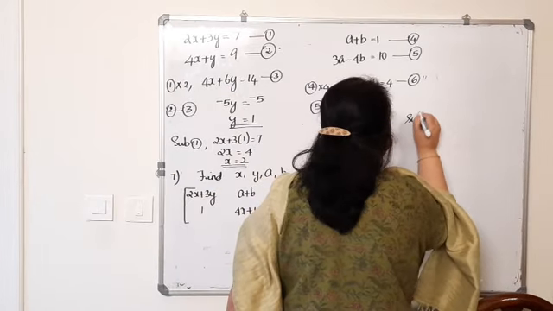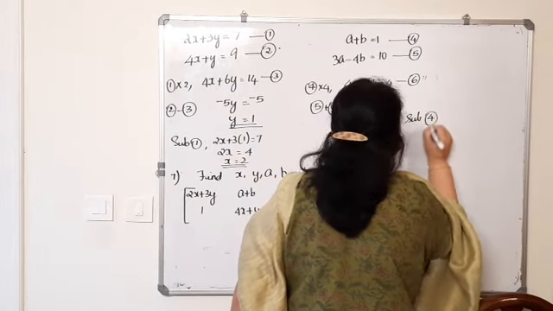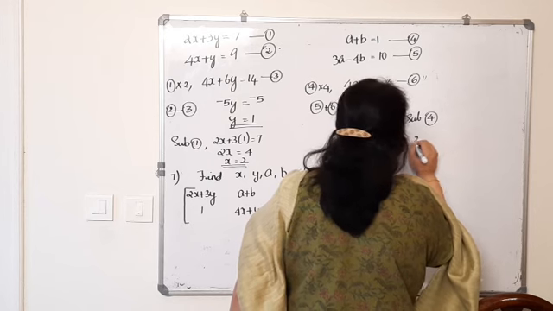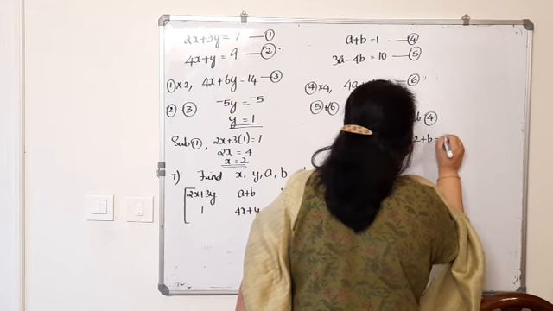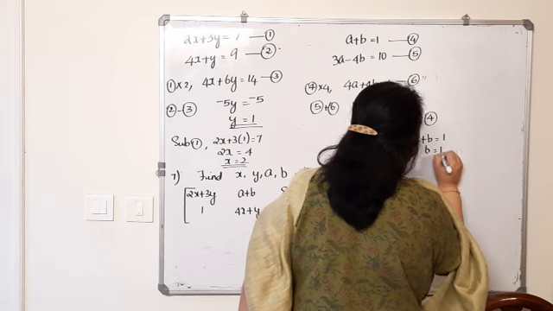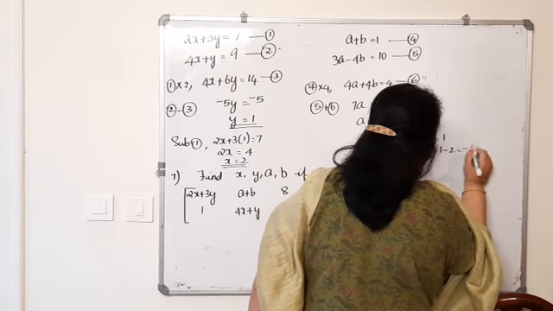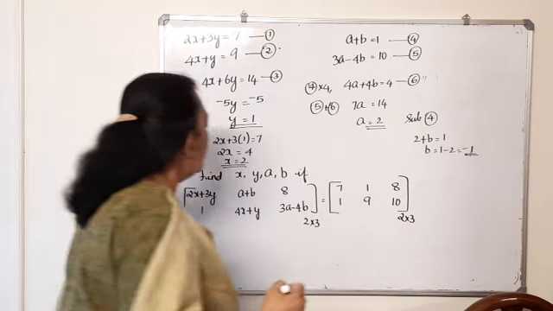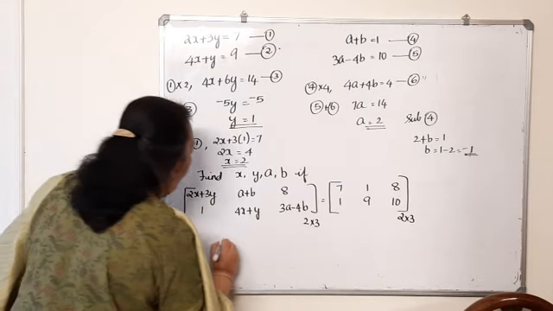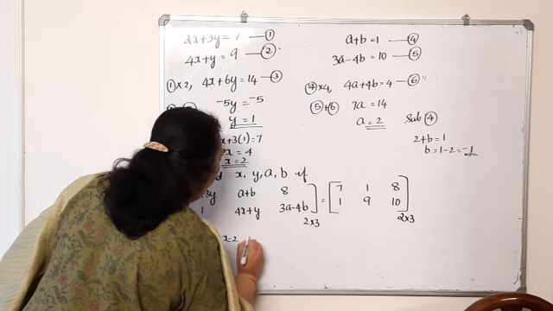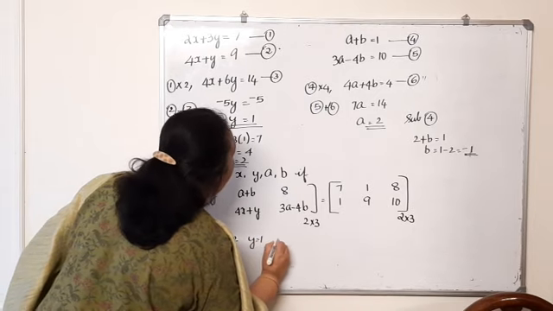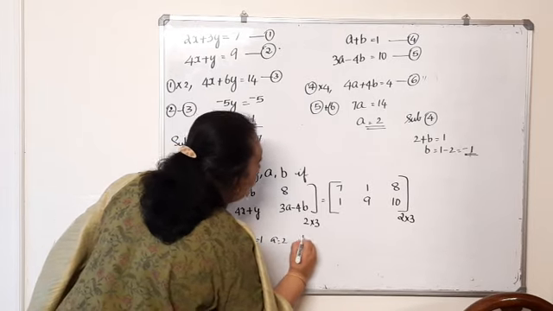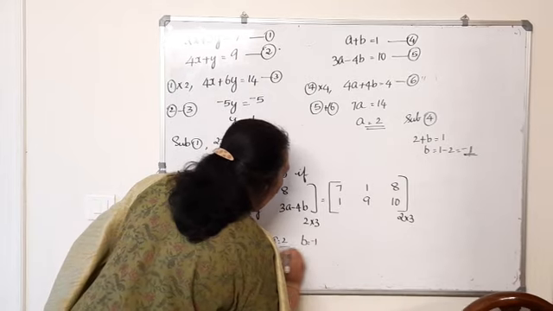Substituting in 4, 2 plus b is equal to 1. b is equal to 1 minus 2, which is minus 1. So what are the values of a, x, y? x is equal to 2, y is equal to 1, a is equal to 2, b is equal to minus 1.